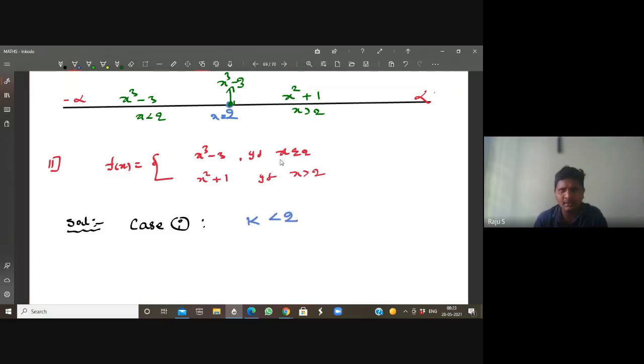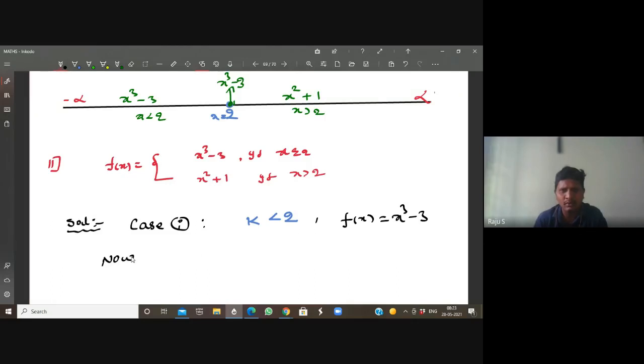Only lesser than, it is not equal. What is the function when k lesser than 2? F of x is x cube minus 3. Okay, so here we are having only one function. We can apply the first formula.